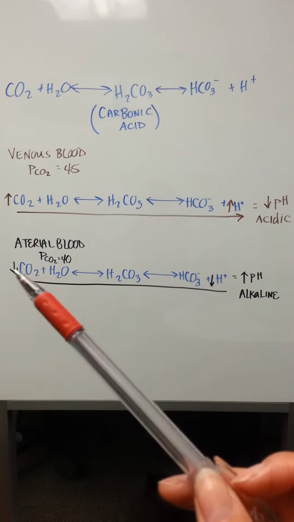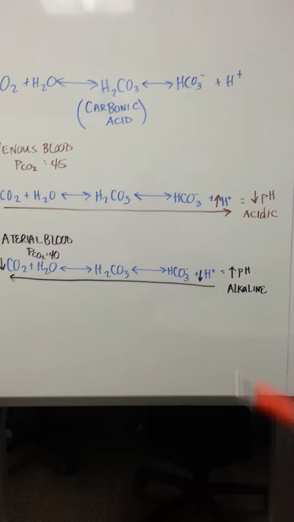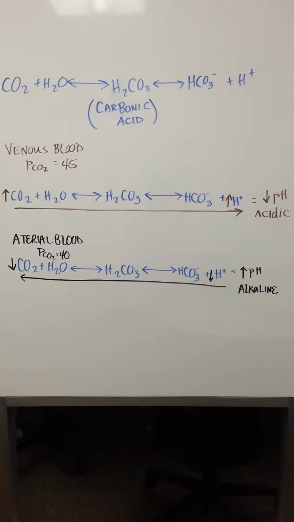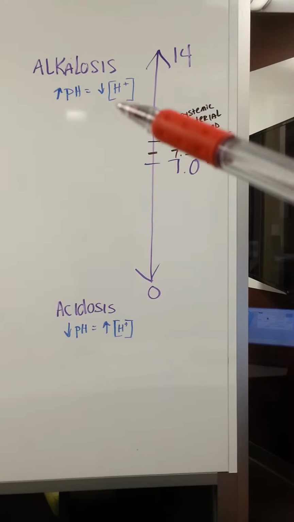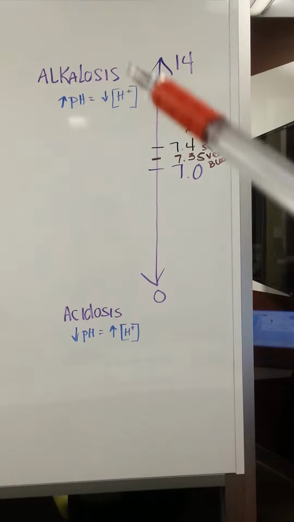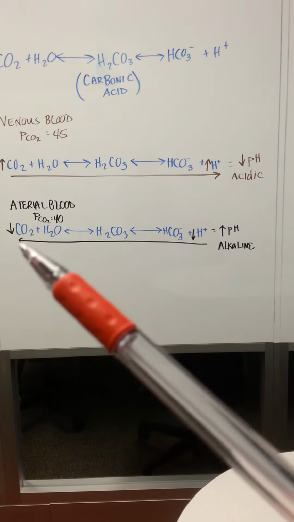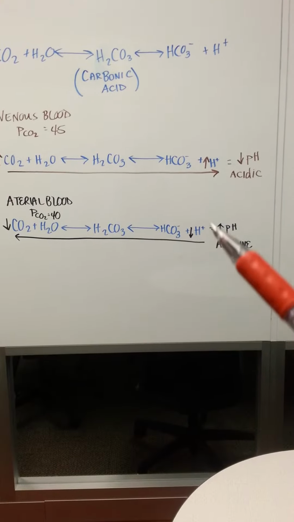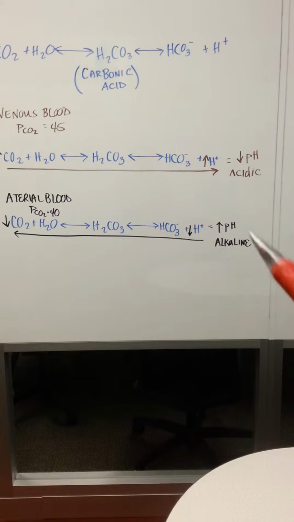Arterial blood here is a decrease in carbon dioxide, decrease in hydrogen. With the pH scale, a decrease in hydrogen equals an increase in pH, alkalosis. So we have a decrease in carbon dioxide, decrease in hydrogen, increase in pH, alkaline.